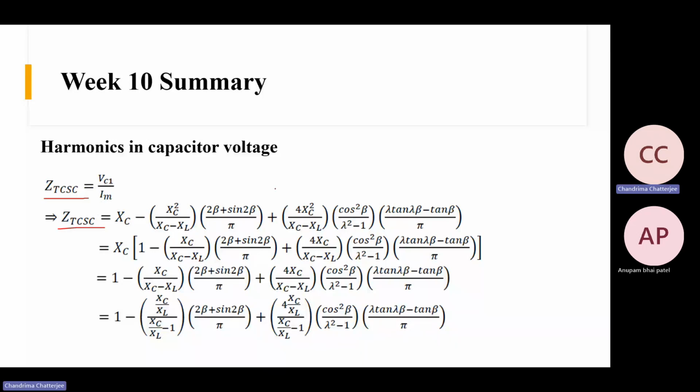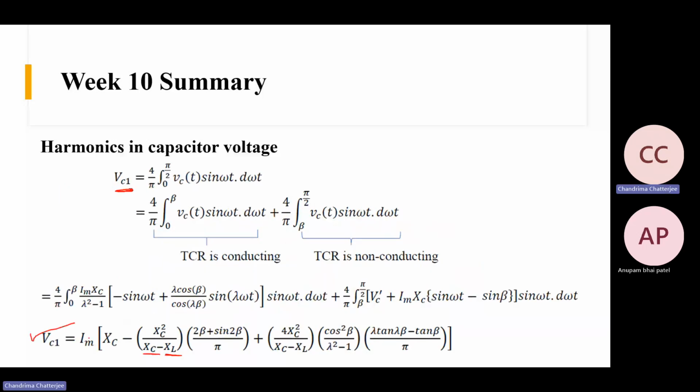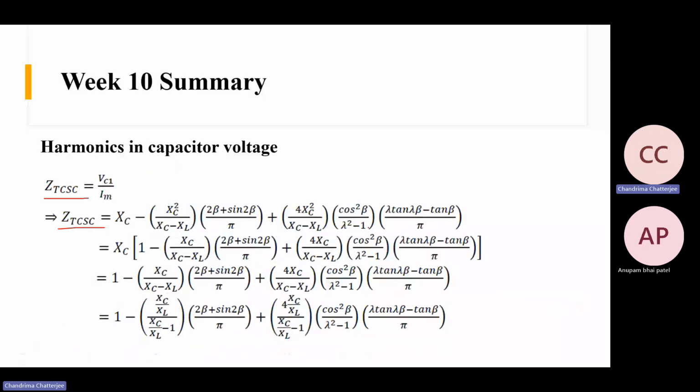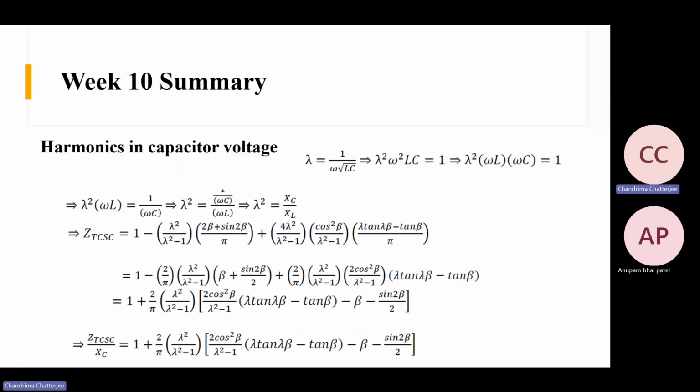So this is the expression. Here you just have to put Im in the denominator and you will get the expression. And again some simplifications are done here.